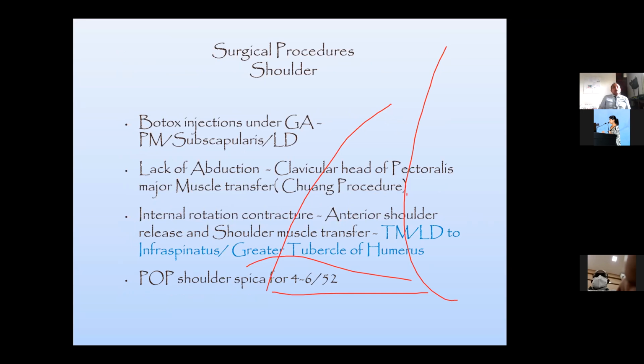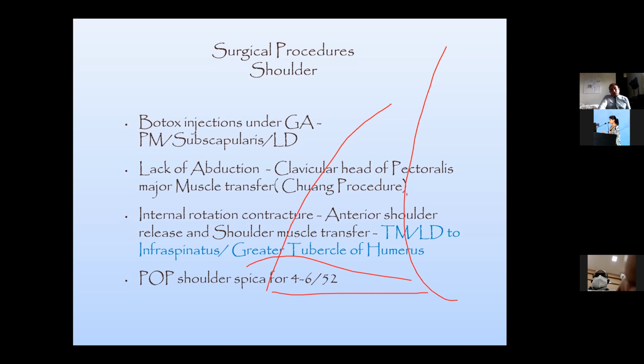We can do the clavicular head of pectoralis major transfer for the lack of abduction. And for internal rotation contracture, I do the teres major and latissimus dorsi transfer to infraspinatus or the greater tuberosity of the humerus. That is a muscle balancing surgery.